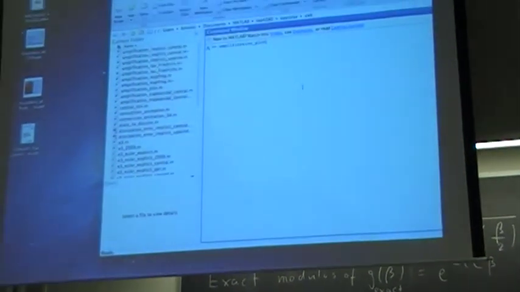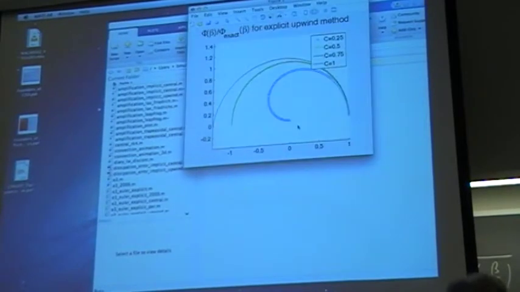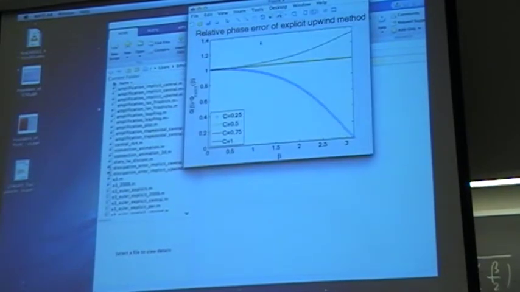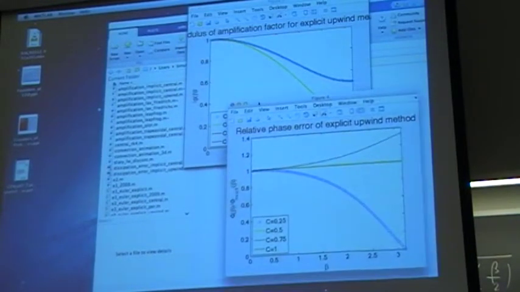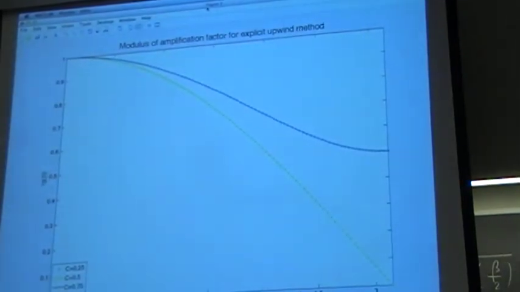So let's see. I've prepared something here. If we start with the traditional plots, then it would be something like that. So these are not polar plots.